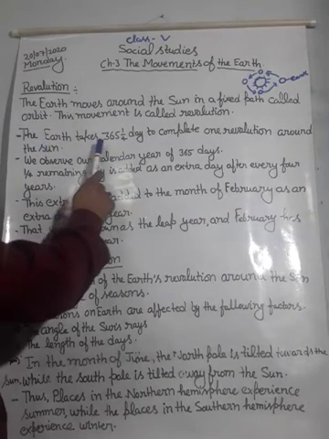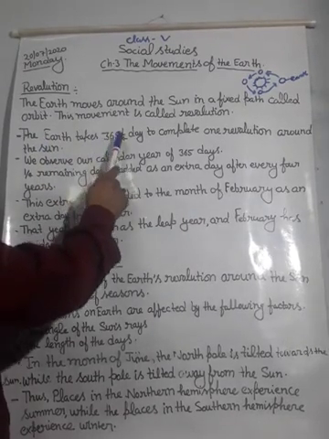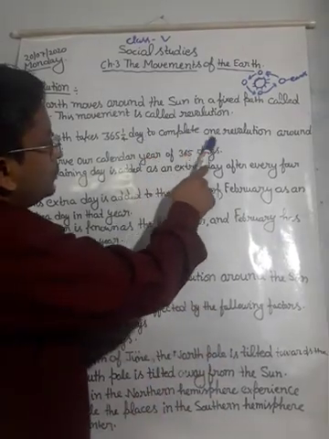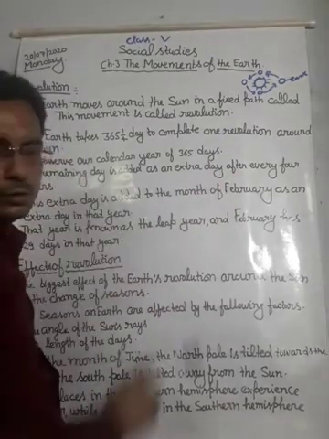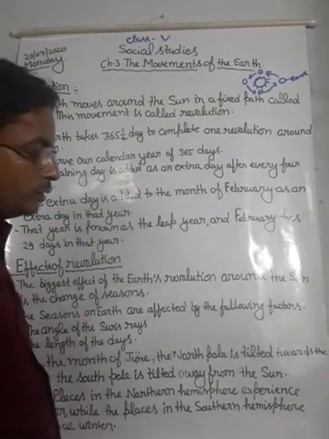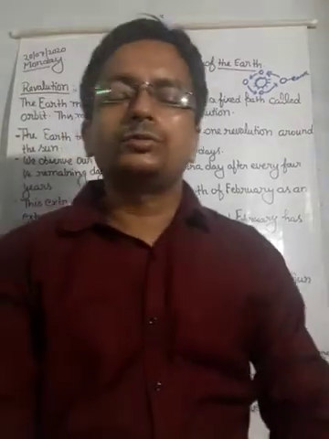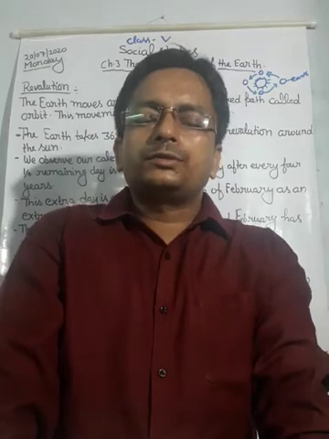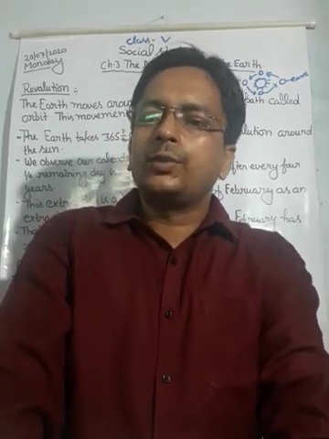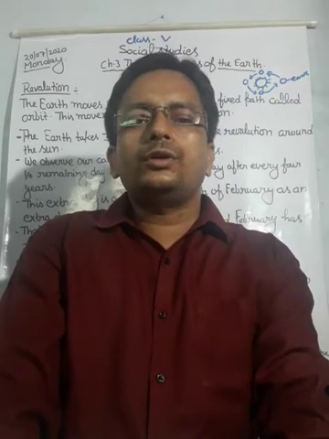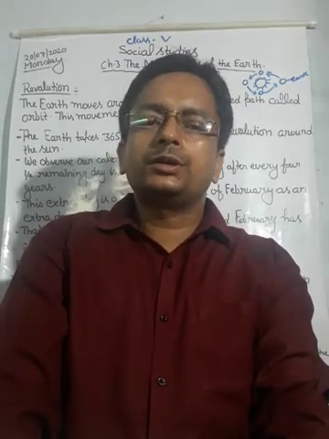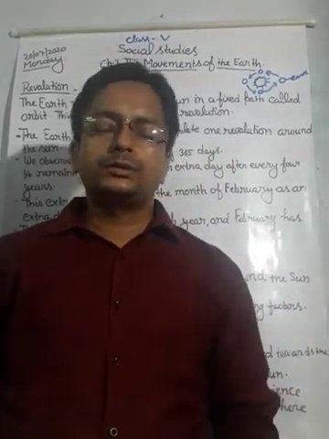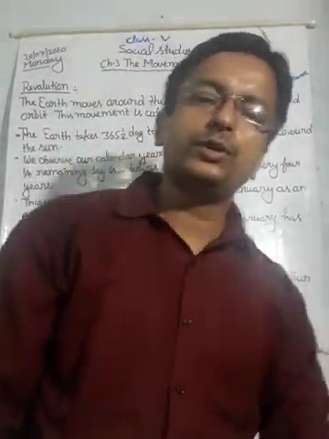The Earth takes 365 and 1/4 days to complete one revolution around the Sun. Dear students, we have already discussed that the Earth completes one rotation in 24 hours, but the revolution of the Earth is completed in 365 and 1/4 days.